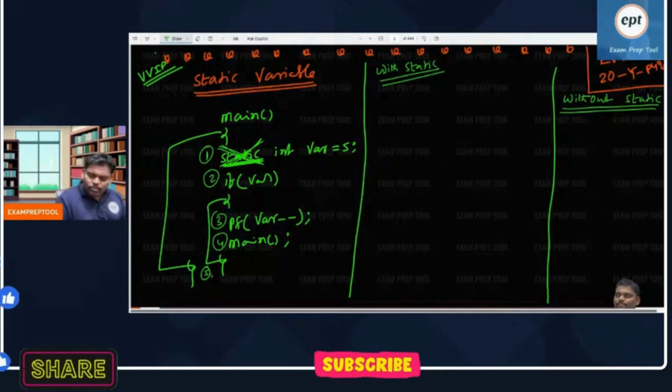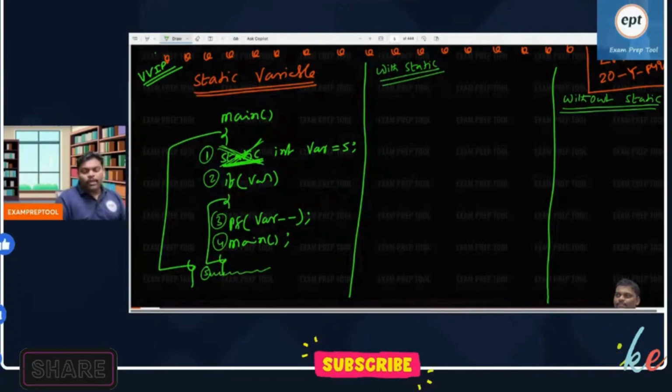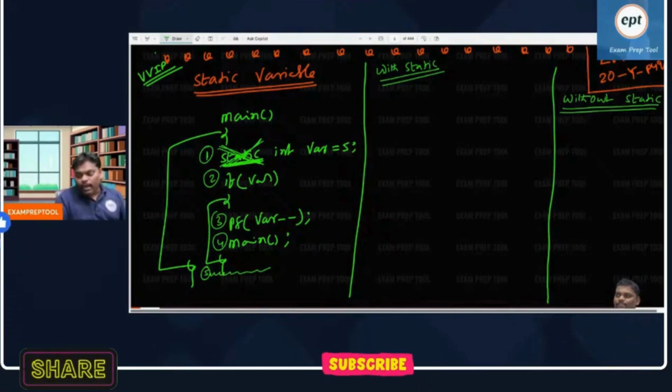Let us assume someone is there. Everyone listen. Second statement fails, then I will go to the fifth statement. Second statement passes, I have to go to 3 and 4. If the condition is true, then only I will go inside 3 and 4. If the condition fails, I don't go inside, I will go outside.